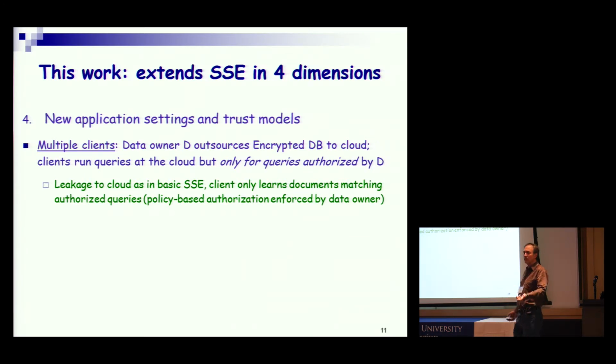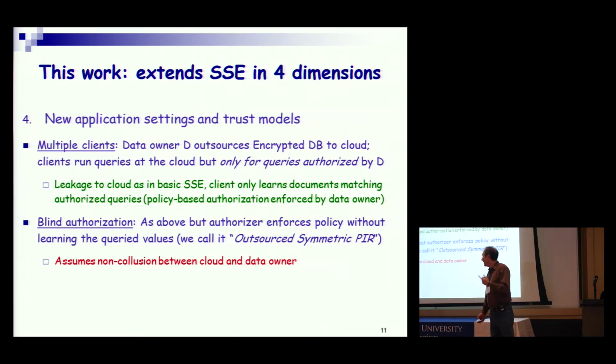So for example, a hospital will have a policy that a physician can access certain data, an administrator can access another type of data, an insurance company yet another, so you can support that.